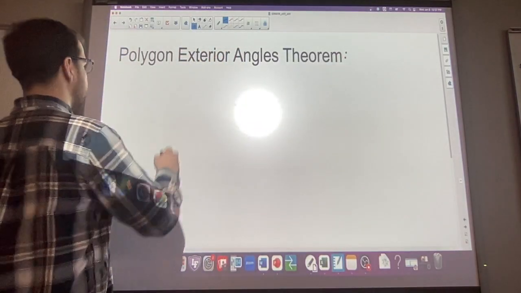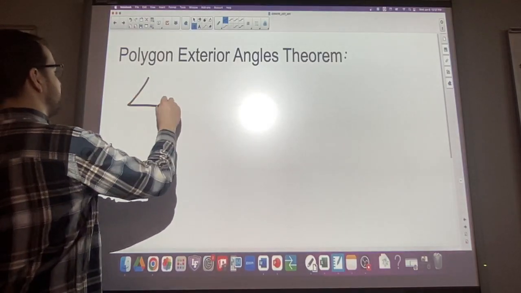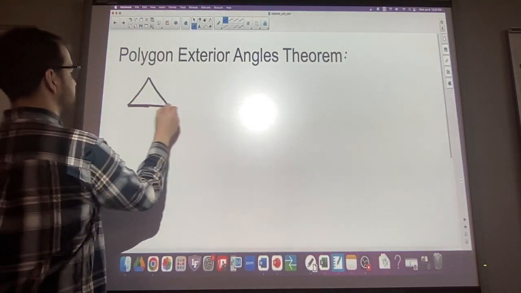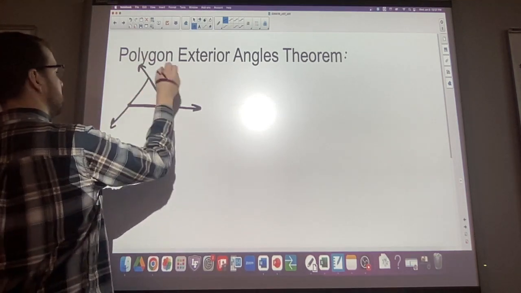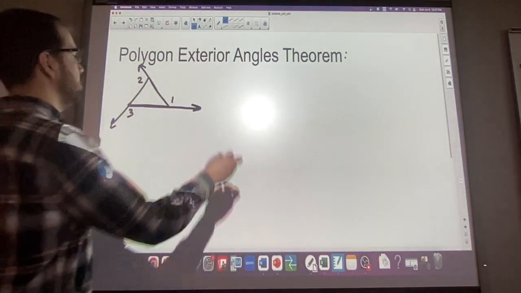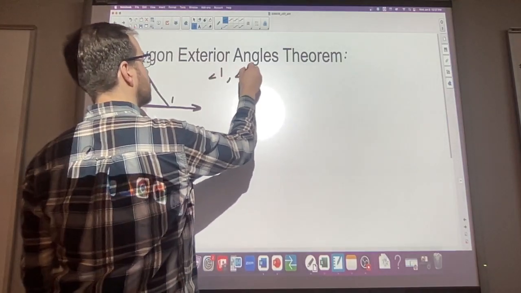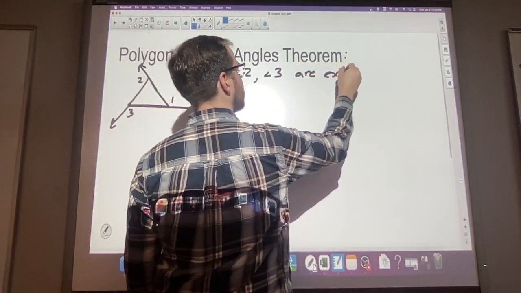Exterior angles. So if I have a triangle, and I extend out each of these sides like this, let's call this 1, 2, and 3. We would say that 1, 2, and 3 are exterior angles.